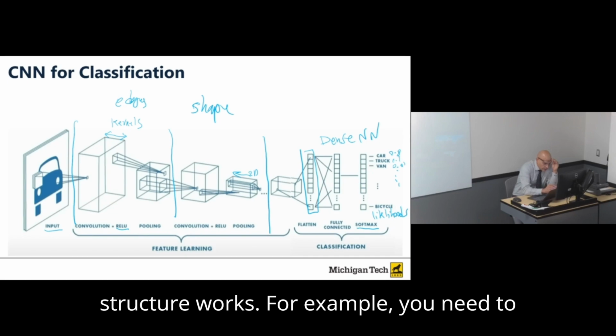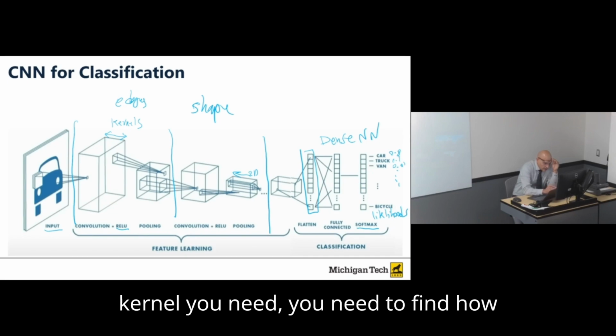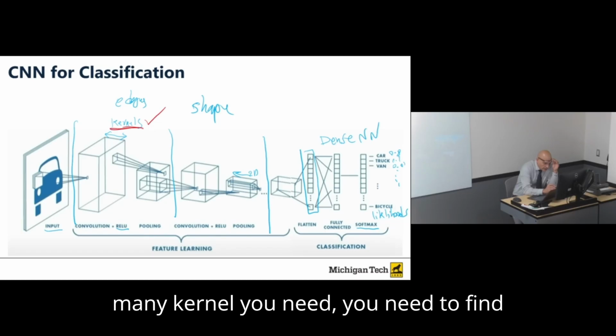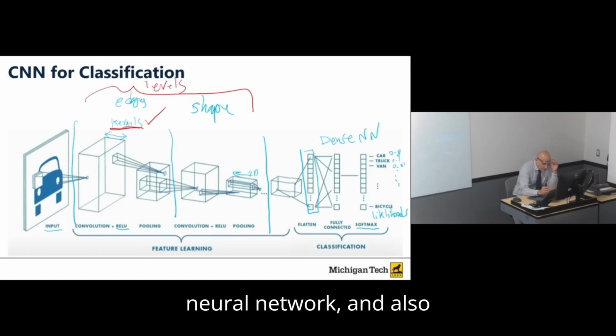For example, you need to find how many kernels you need, how many levels you need for the neural network, and also how many dense layers for the dense network.